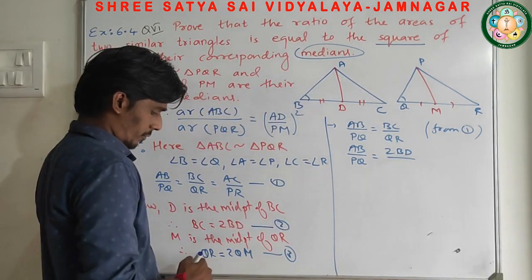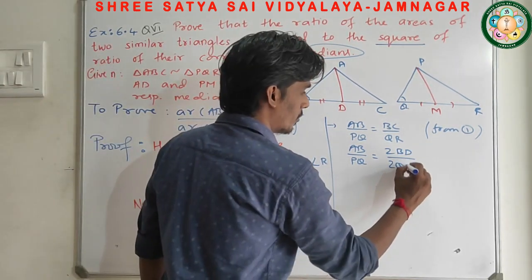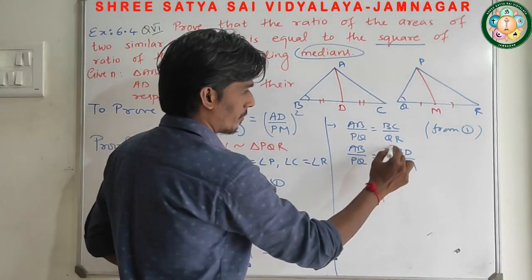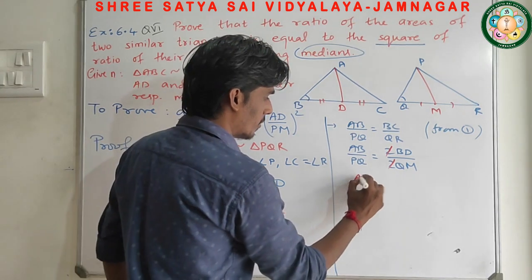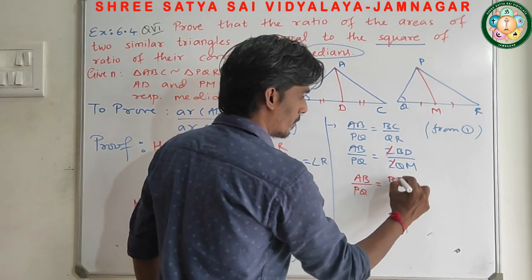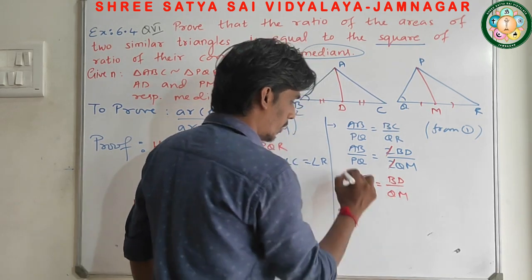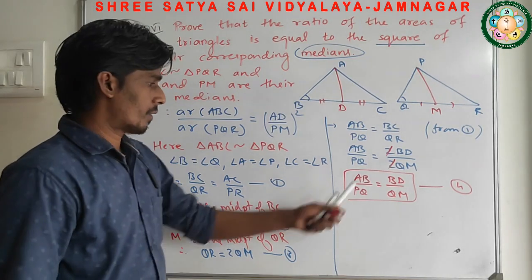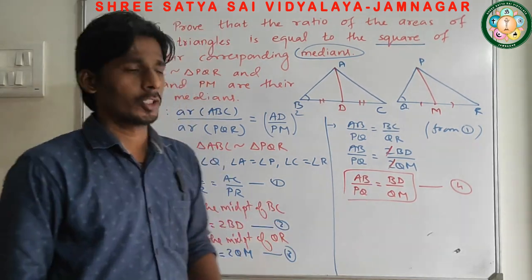Now instead of QR we are going to write 2QM. So definitely we can cancel this. So what I got? AB upon PQ equals to BD upon QM. So this is equation 4. AB upon PQ equals to BD upon QM.